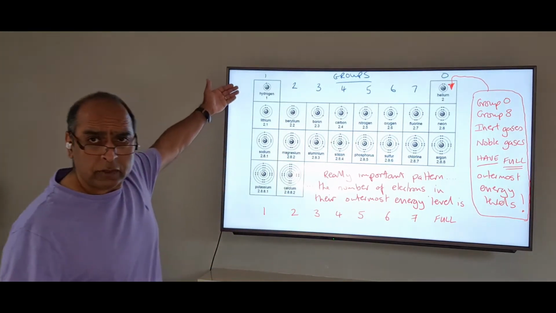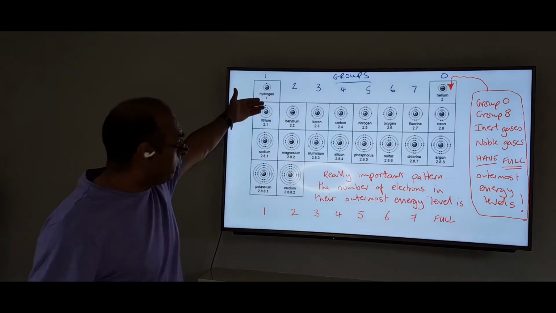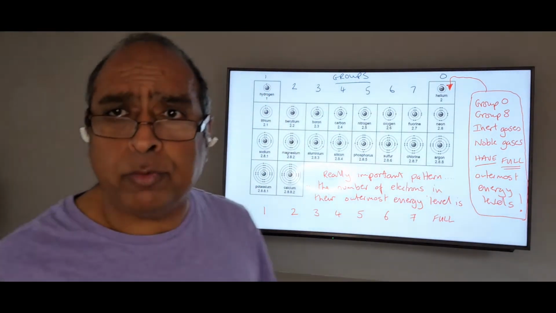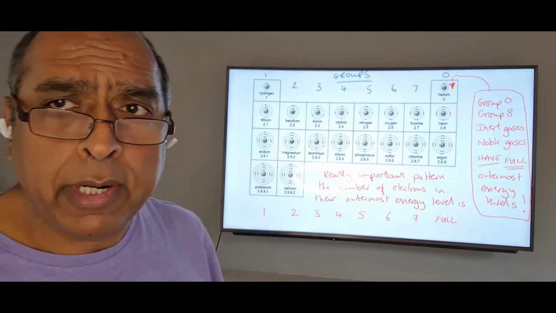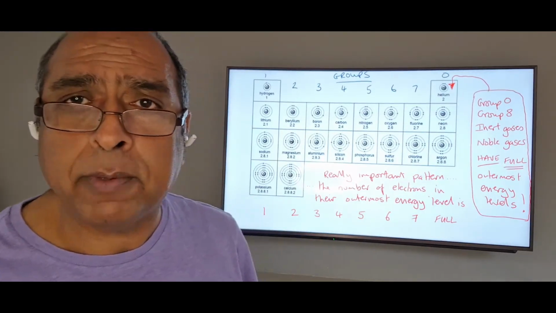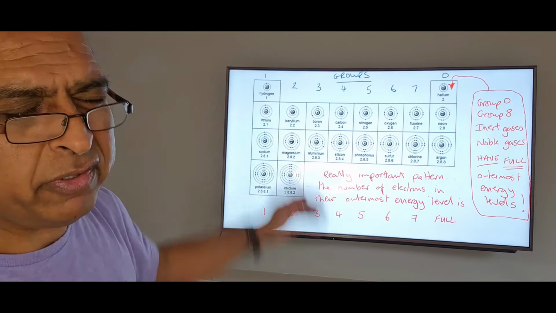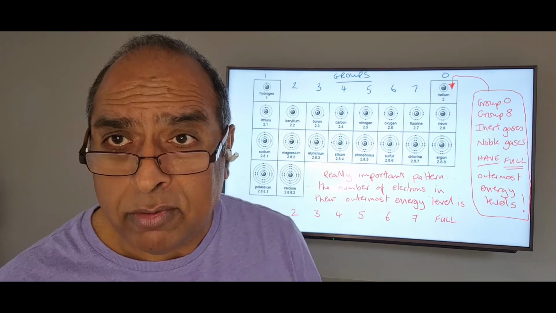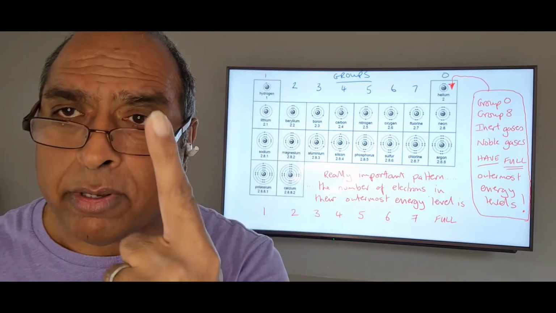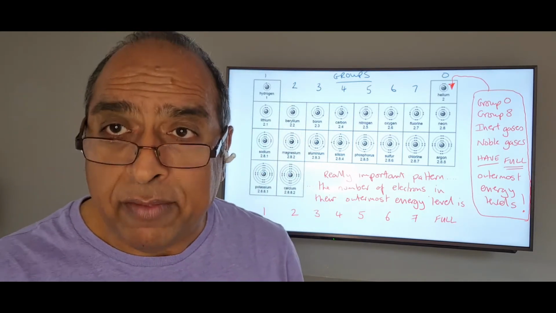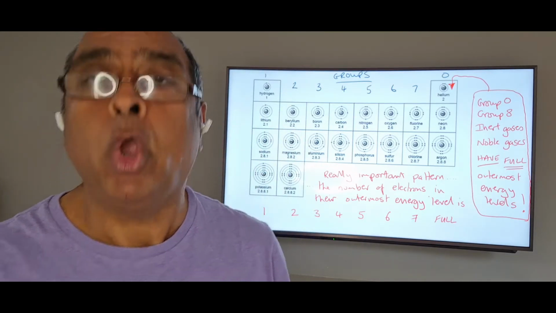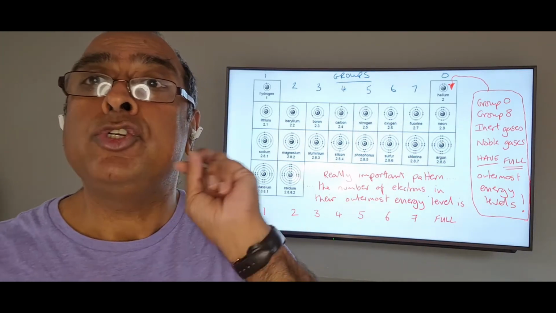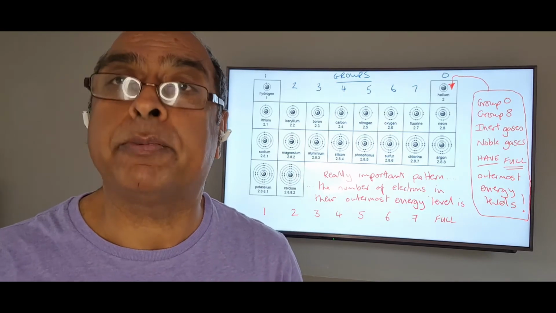I've messed that up. Let's say that again. All of group 1 will have 1 electron in the outermost energy level. All of group 2 elements will have atoms that have got 2 electrons in the outermost energy level.